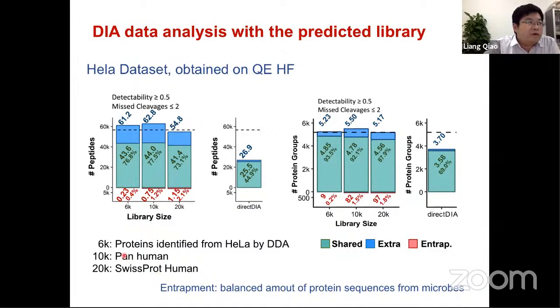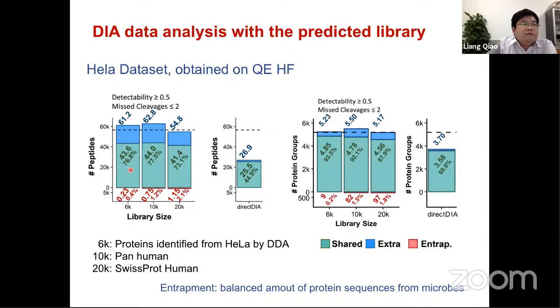Basically, we perform the in silico digestion, and we keep peptides with the miscleavage equal to or smaller than 2, and the detectability threshold is 0.5.